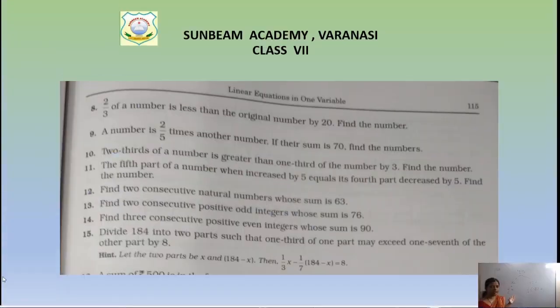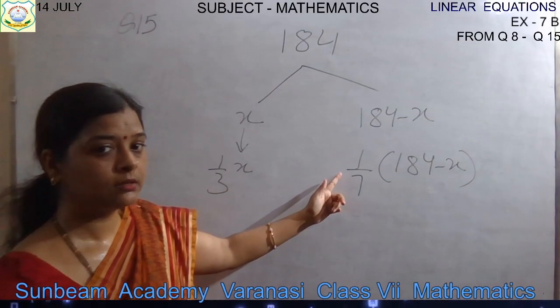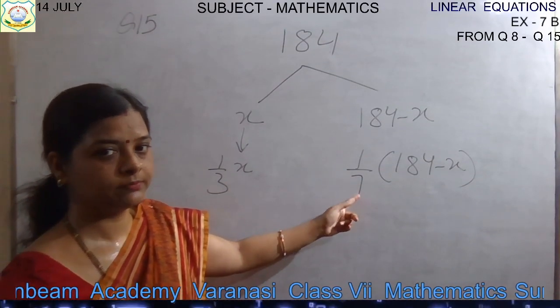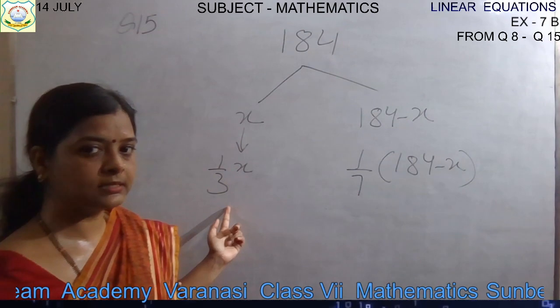Let's see the question. Divide 184 into 2 parts. We have divided 184 into 2 parts such that 1/3 of one part, 1/3 we have found, exceeds, it is more. How much does it exceed? 1/7 of the other part, that is the second part. So 1/7 of the other part is this much, 1/3 of the first part is this much.